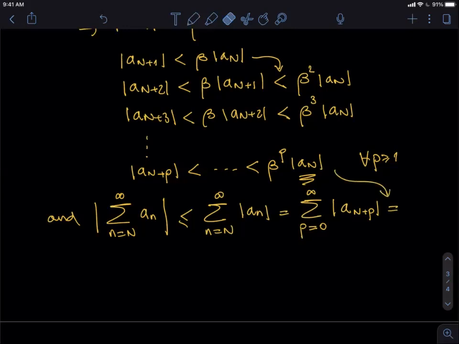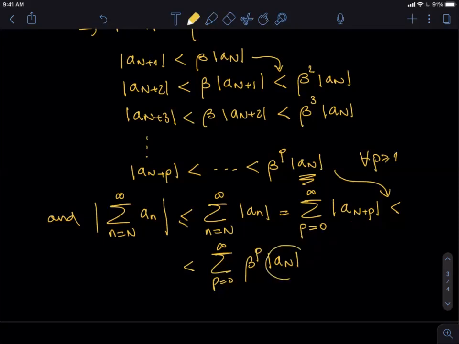So I can bound this by the sum p equals 0 to infinity of beta to the power p a_N. And when p is equal to 0, I have a_N here and here too, so that one is equal, and for the rest I have the inequality. So we're good.